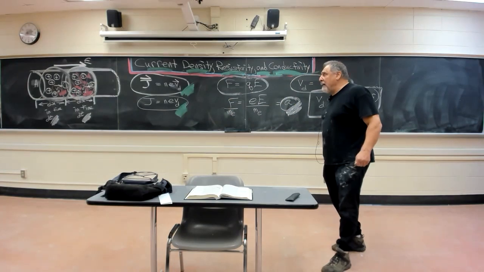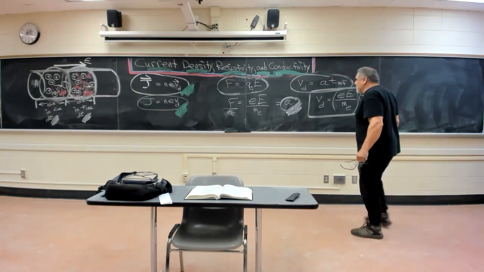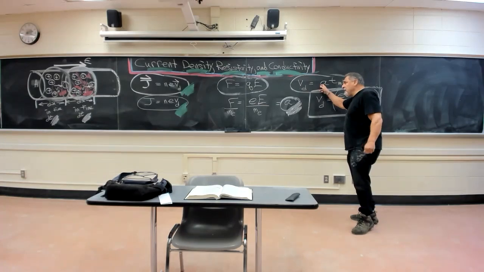Everybody's getting out of there a lot faster. That's a bigger current. So it makes sense that there's going to be a bigger current given a big acceleration for any mean free time between collisions.